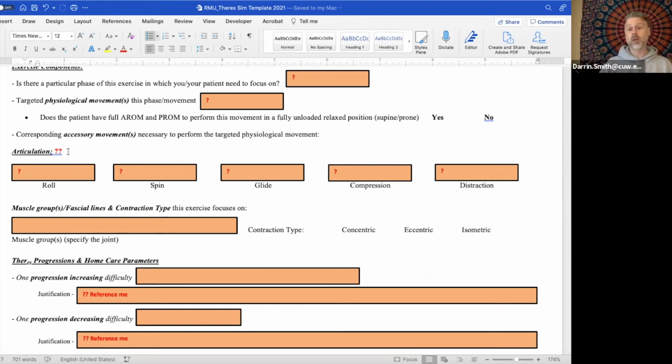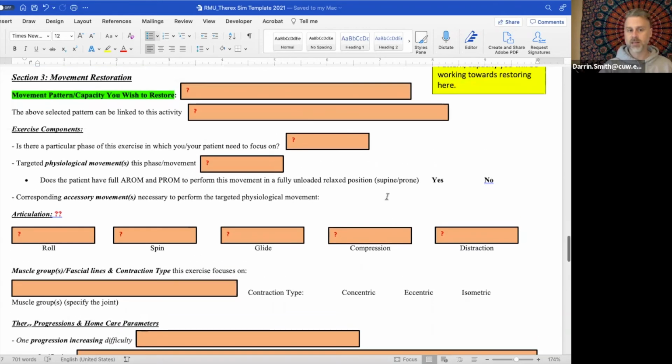Instead of just saying, well, here's an exercise, I'm going to have you brace your core, and then I'm going to have you get on a TRX and squat up and down. How does that necessarily recreate what should be taking place with the pattern that we want to restore and the activity we want to link it to, the phase of that activity that we want to bulletproof or improve, the movements that are taking place, as well as the actual joint arthrokinematics?